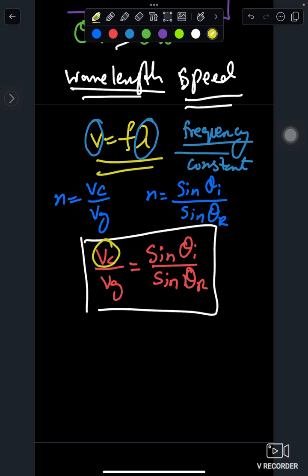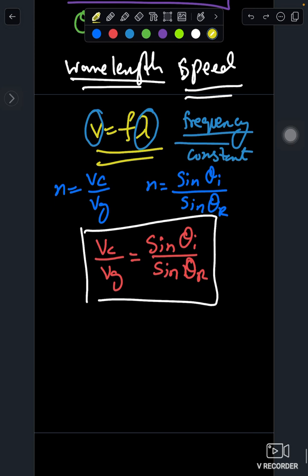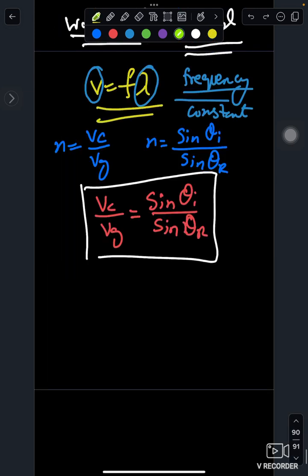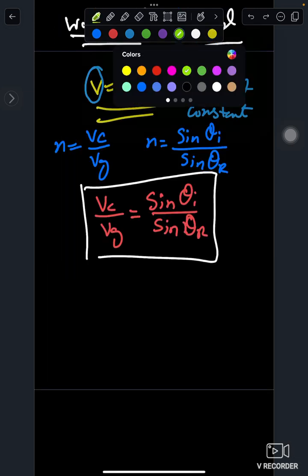We already have VC. Maybe they will give VG and the angles are not given, and vice versa. So this can also be one equation when we are given an angle.